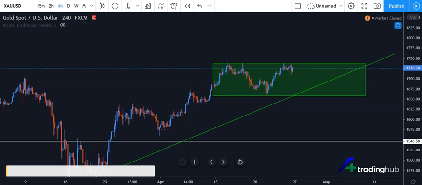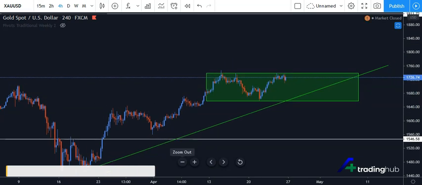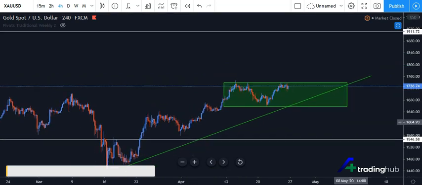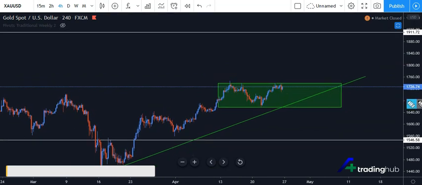So I expect price to continue pushing up till it reaches the 1911 zone. I want to see price tag this top again, 1911 zone. So for this week we are bullish, so we will be looking for a short-term correction, price dropping, tag this trend line, get a bullish impulse from there or rejections, and we take our buy trade to that top.